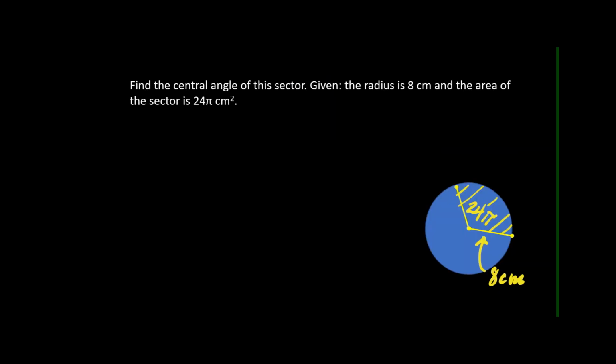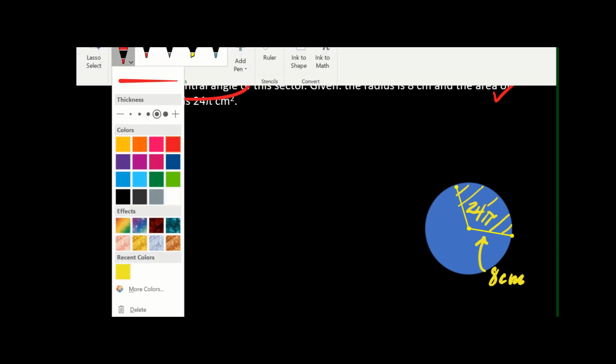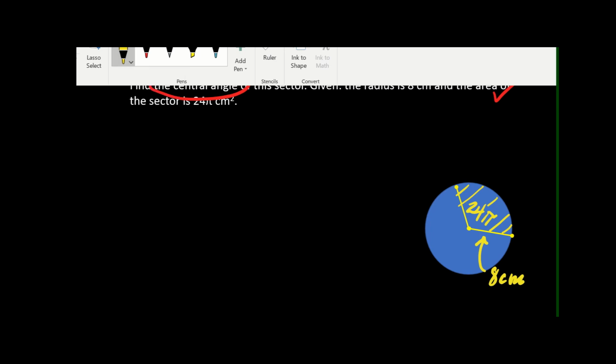Last one, find the central angle of this sector. Wait a minute. We're not even being asked to find the area of the sector. They gave us the area of a sector. Well, that's unusual. We see this in math class sometimes, though. They ask us to solve from left to right, and then they try giving us the right side. See if you could handle it. So it's still the same formula.